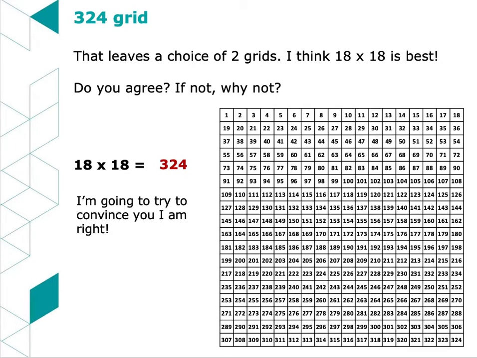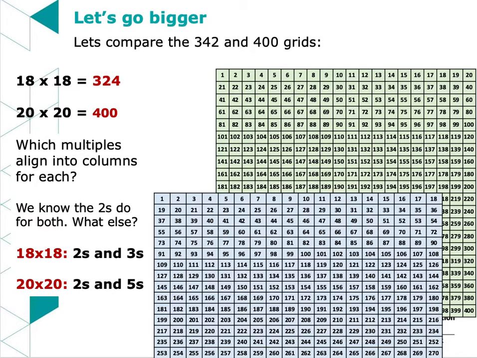Many of you will say 20 by 20 grid because the multiples of 2 and 5 line up in columns, so it's easy to sieve. But I'm going to try and convince you that I'm right, that 18 by 18 is best. Let's compare the 324 and 400 grids.